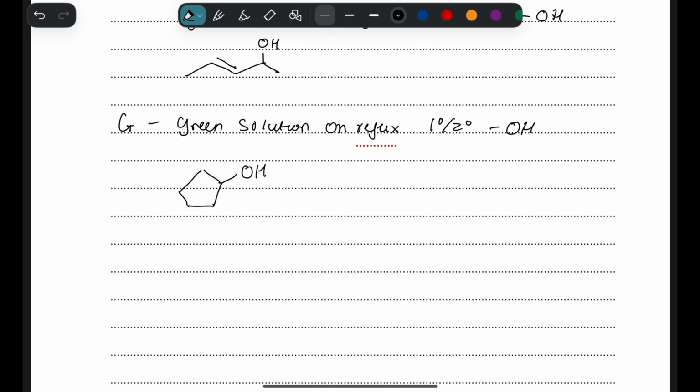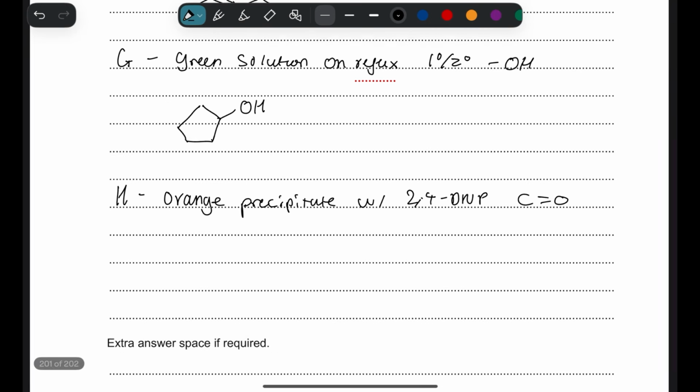So our finding with H is that it gives an orange precipitate with 2,4-DNP.